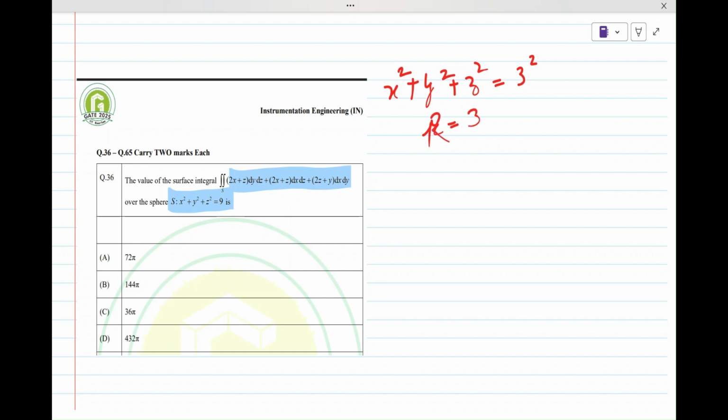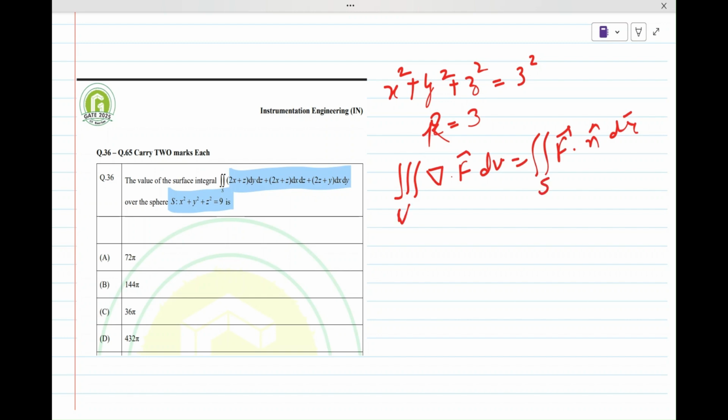Now we have this double integral, we can apply here the divergence theorem. What is the divergence theorem? That is the triple integral of divergence of vector f dV is equal to the double integral of vector f dot n cap dS, over volume, over surface.